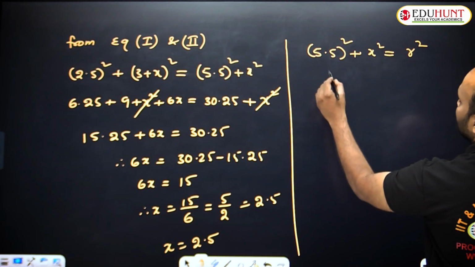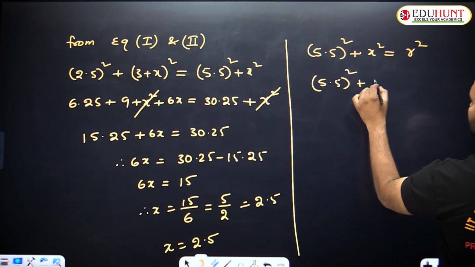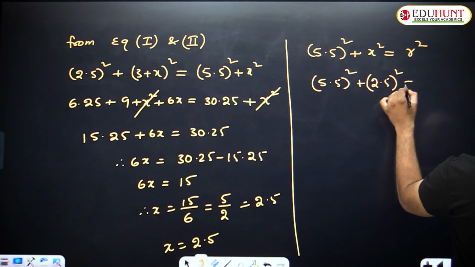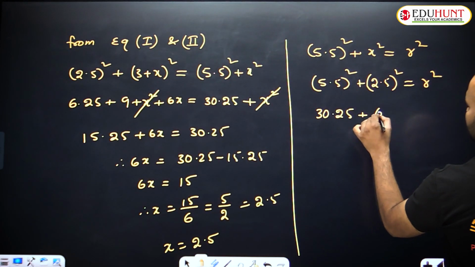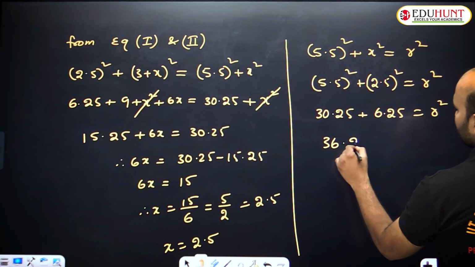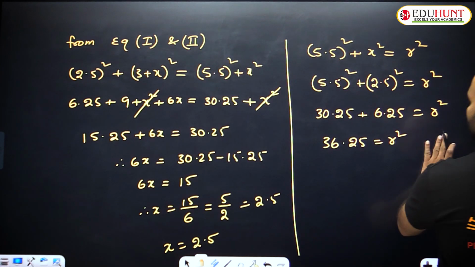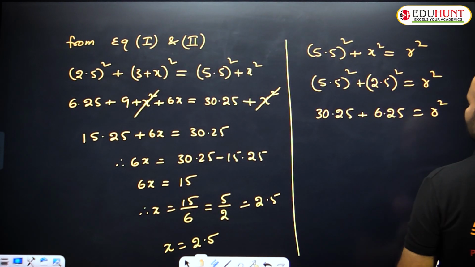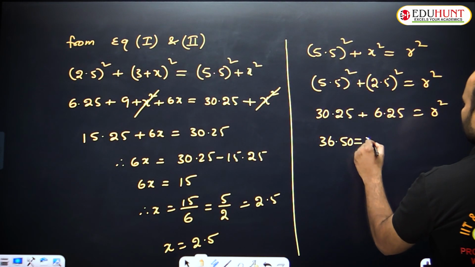So 5.5 whole square plus x square, with the value 2.5 whole square, equals r square. 5.5 whole square is 30.25 plus 6.25 equals r square. What is the total? 30.25 plus 6.25 is 36.5, sorry, 36.50, equals r square.